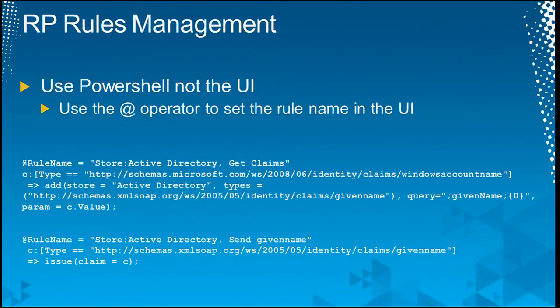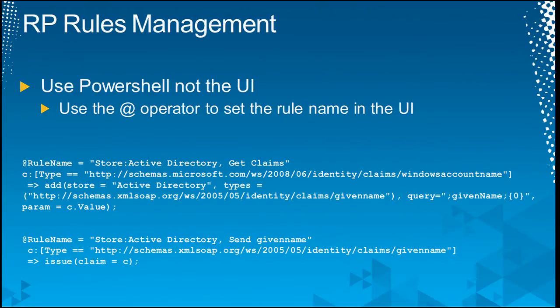Here's an interesting little one. I can not only use PowerShell to create my relying party trusts, I can also use PowerShell to create my individual claims rules. So take a claim of type group and emit it as type role. Interesting little nuance between creating rules in the UI versus creating rules within PowerShell.